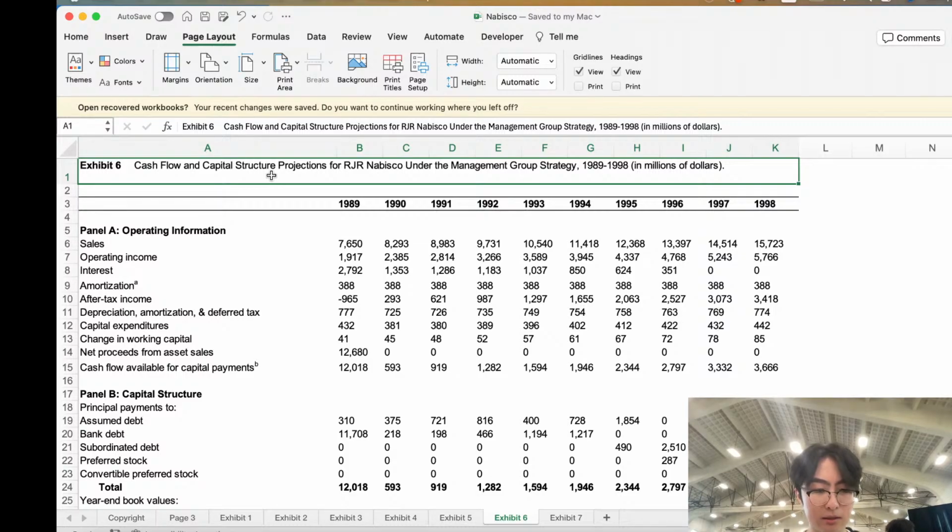So cap M with unlevered beta. Alright, that's tough.